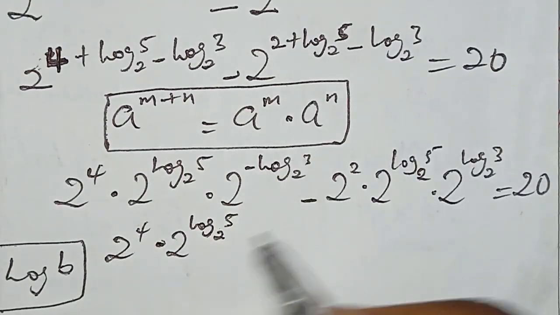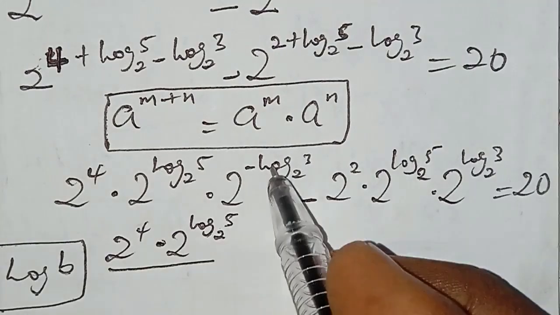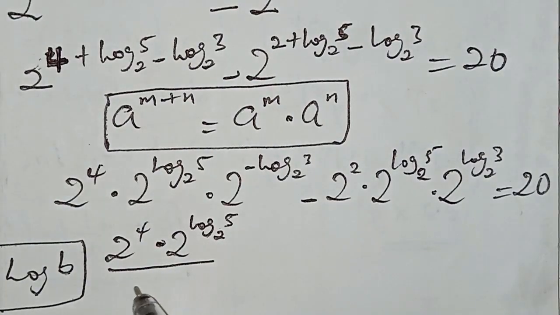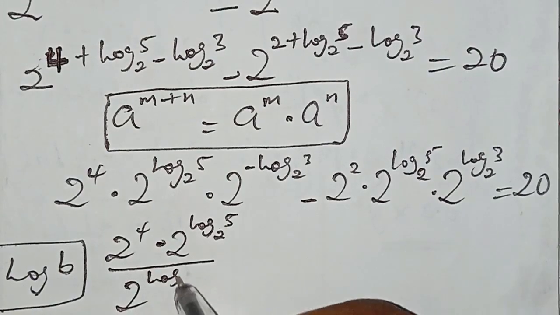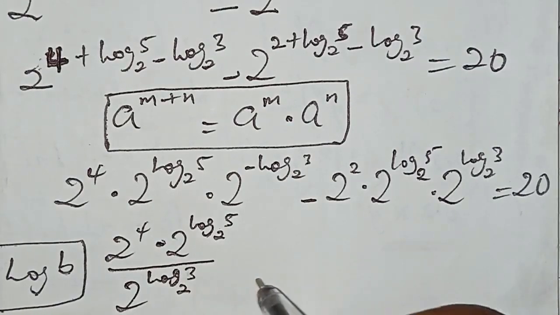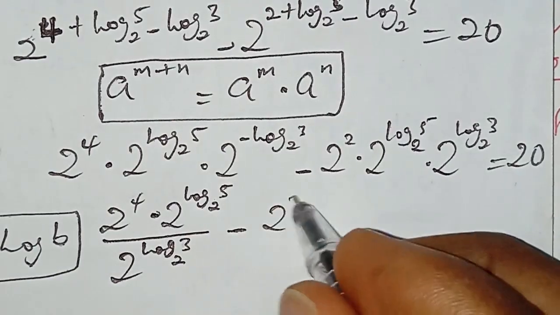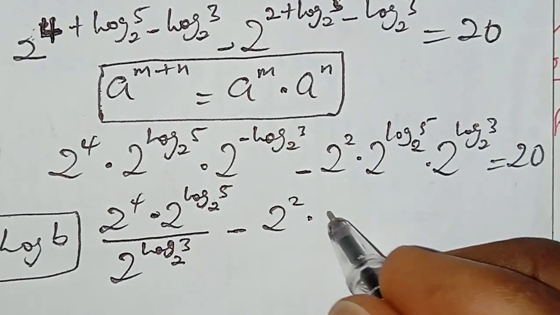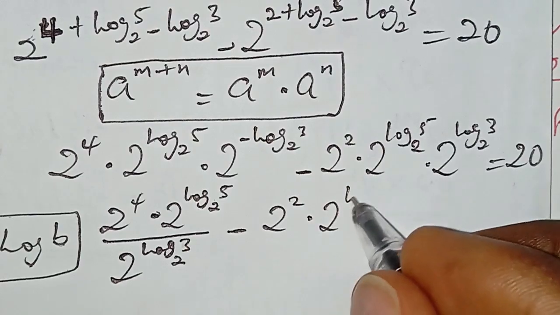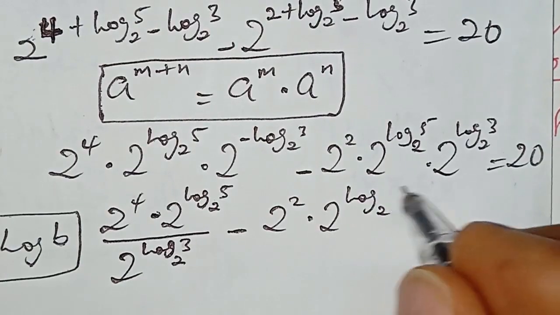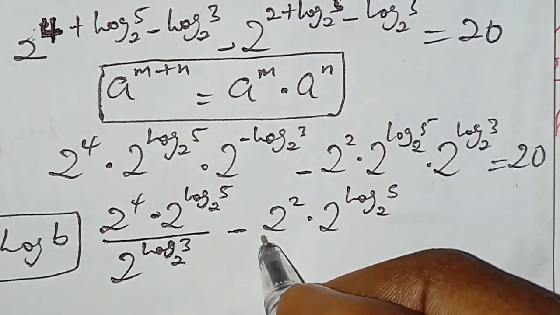This will now become the denominator. So we have 2 raised to power log of base 2, 3, then minus 2 raised to power 2 multiplied by 2 raised to power log of base 5, 2.